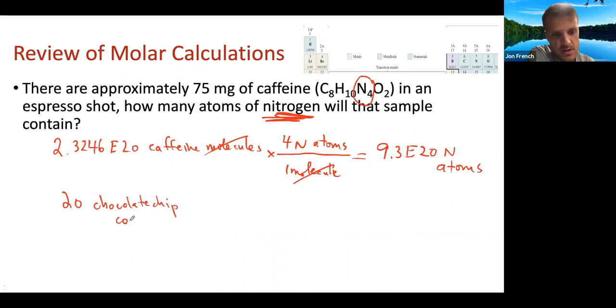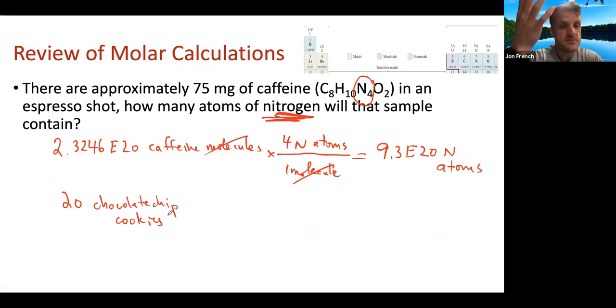And this will make more sense in a second. We wanted to know, in those chocolate chip cookies, how many chocolate chips do we have? So the molecule is the entire cookie. And then we're asking, in that entire thing, we have 4 of these nitrogens. So how many nitrogens total do we have?